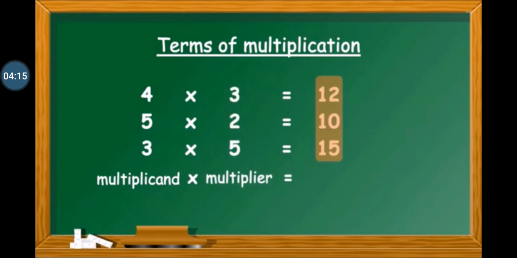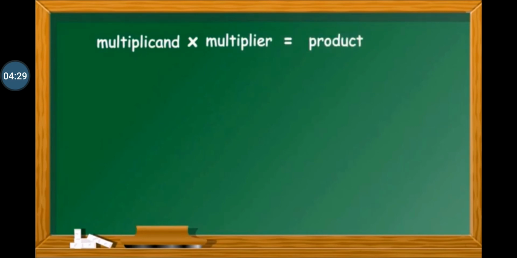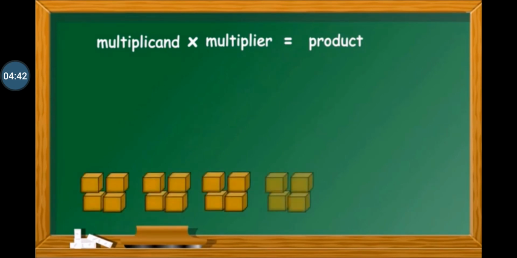The answer of the multiplication is called the product. So my dear students, when multiplicand and multiplier are multiplied with each other, we get the product. The multiplicand is the term that is going to be multiplied.